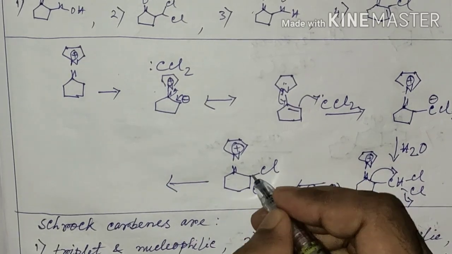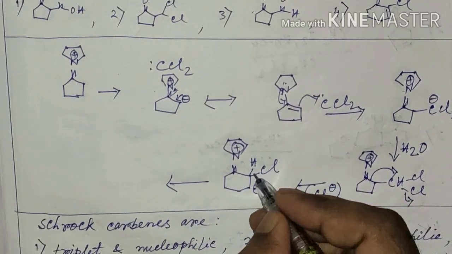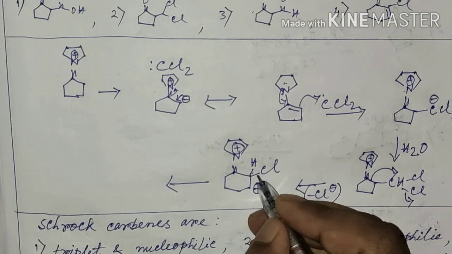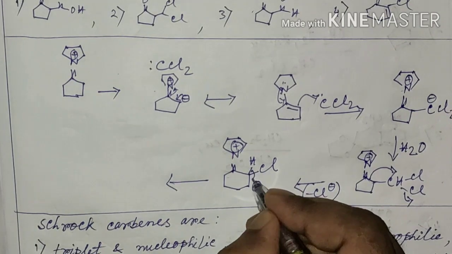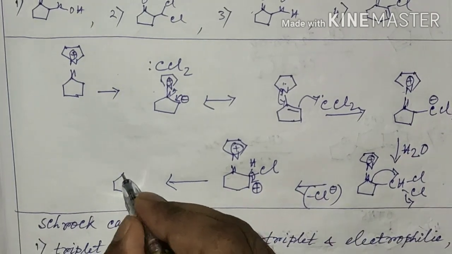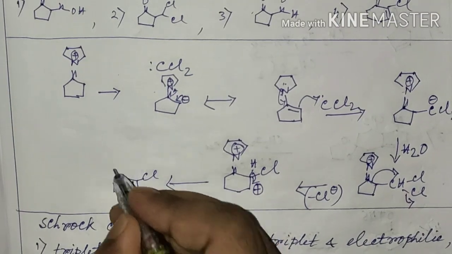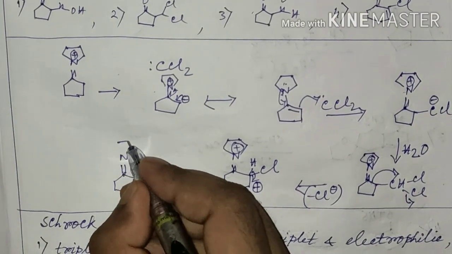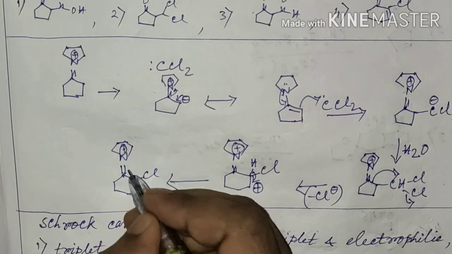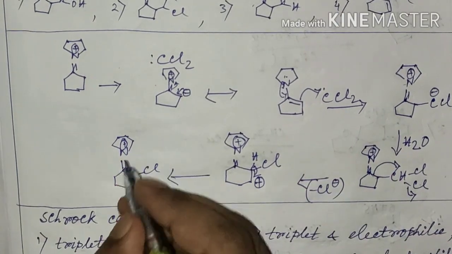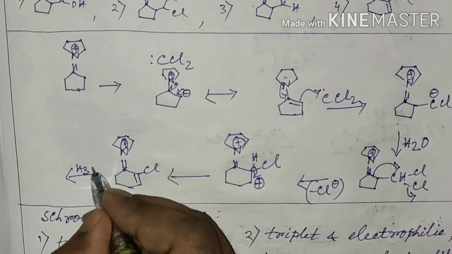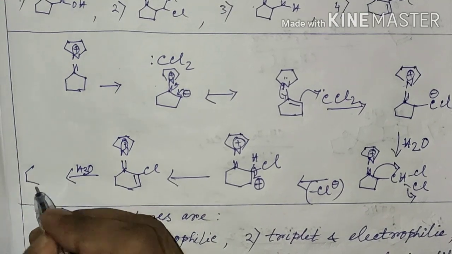In the next step, this acidic proton will be abstracted by the base present in the medium and it will form a double bond here. And finally this iminium species will undergo hydrolysis to form the corresponding ketone.